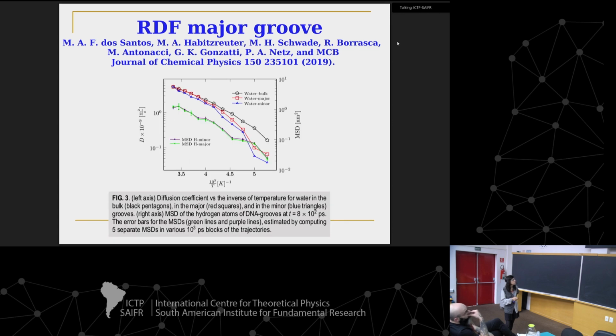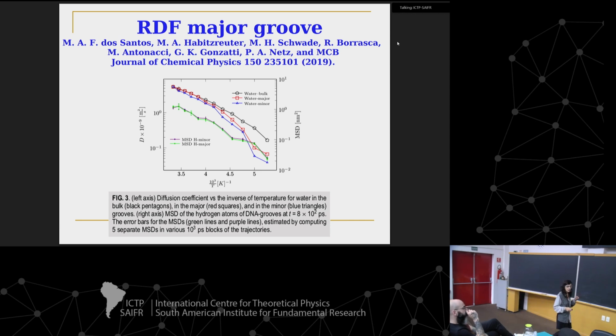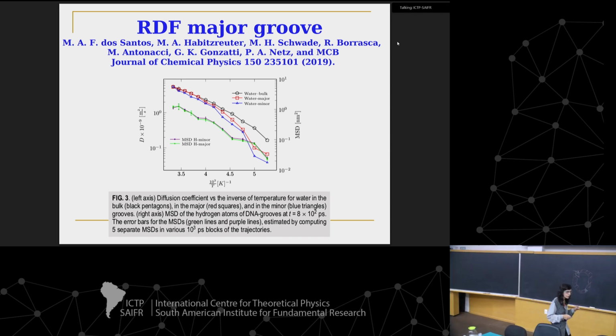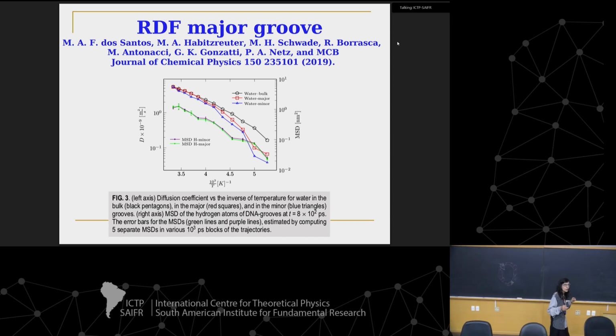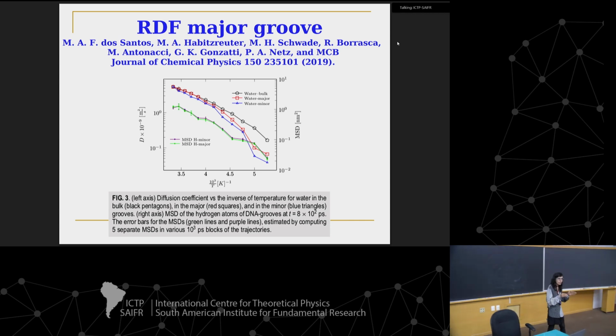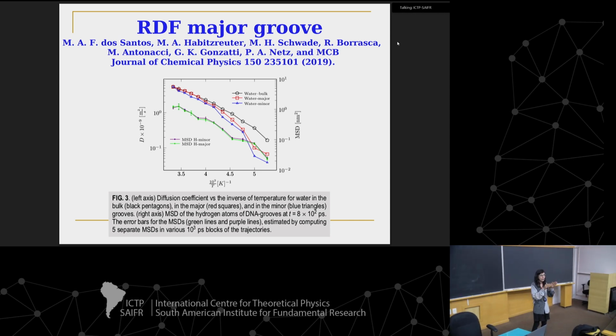different dynamics changing in the behavior depending on the temperature. So even though the bulk water does not show any fragile to strong, as you confine, you bring water to a behavior that's supposed to happen in bulk water at lower temperatures.